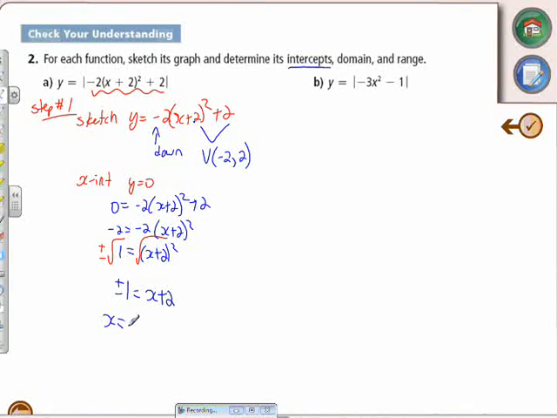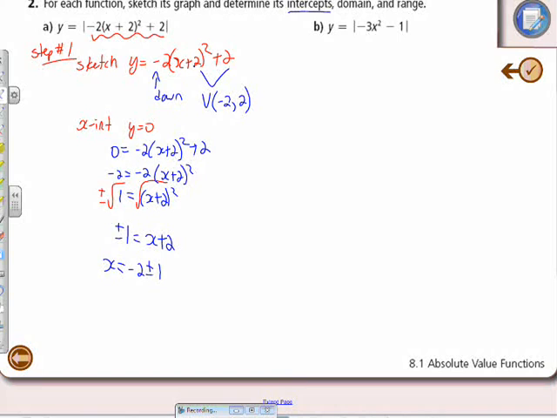So we get x, the x-intercepts are -2 plus or minus 1. Get the actual answers now, which is x equals -2 plus 1, and x equals -2 minus 1. -2 plus 1 is -1, and -3.